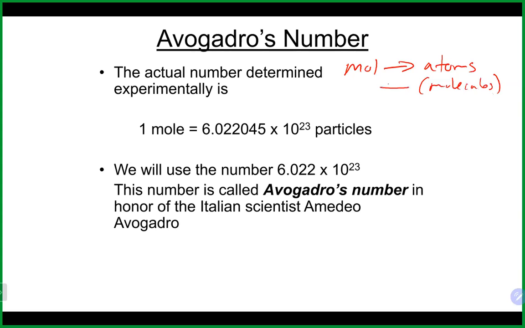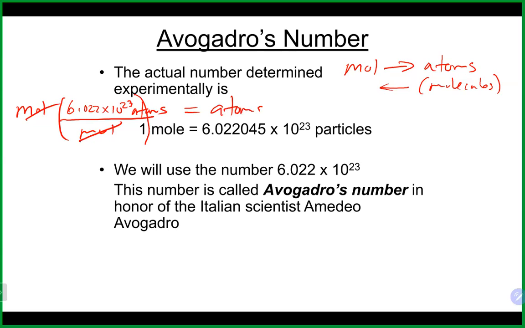Or go backwards. If you're starting with atoms or molecules, you can use Avogadro's number to take you back. So if you have moles, you would times it by Avogadro's number. That would give you atoms per mole. The moles would cancel, leaves you with atoms or molecules.